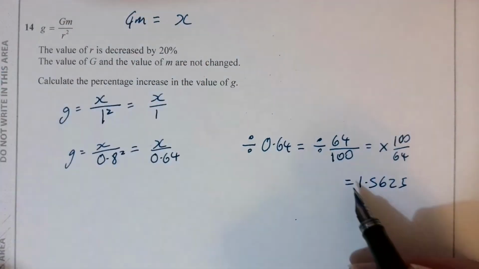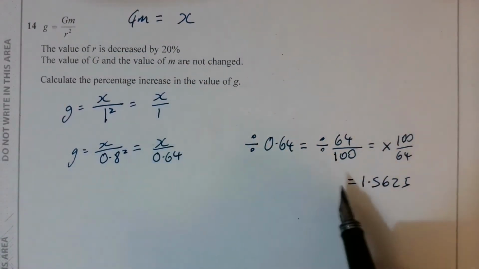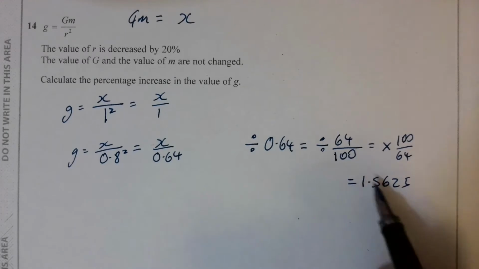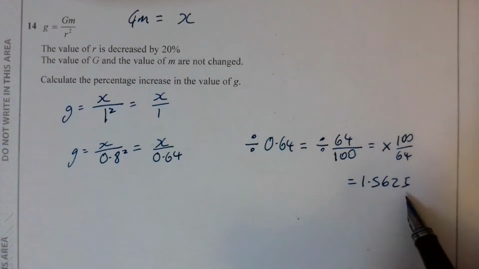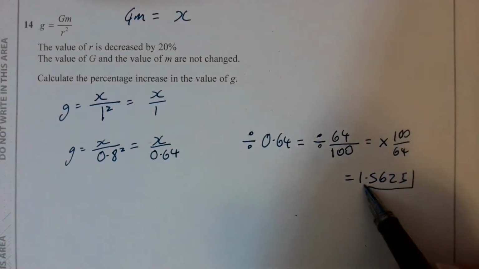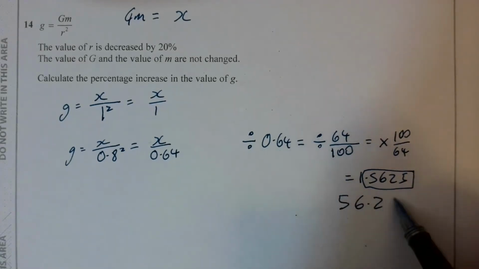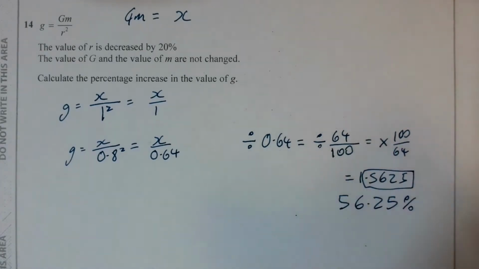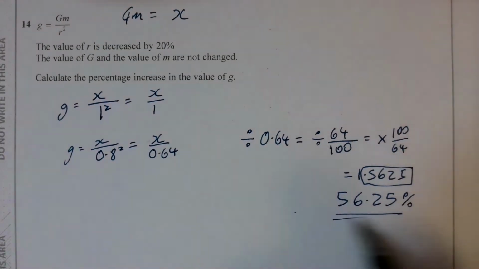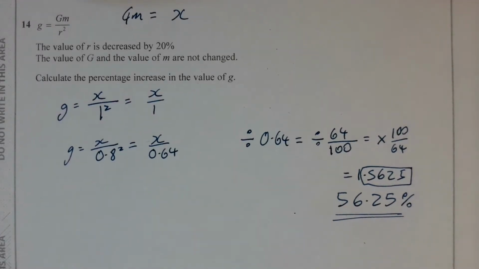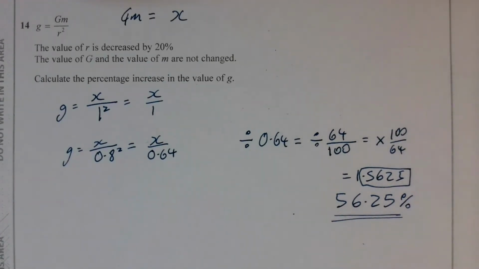Now if 1 was what we started off with, it's going to be this much bigger. 0.5625 times 100 would be 56.25%, and that is the answer. It'll work with any other numbers. If you think you've got a nicer way of doing it, please do let me know and I'll share it with the class.